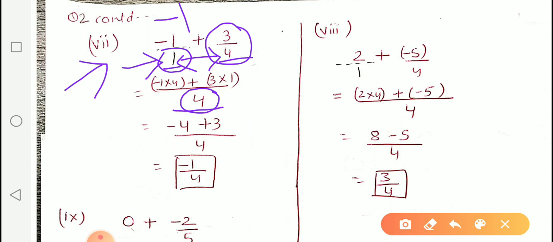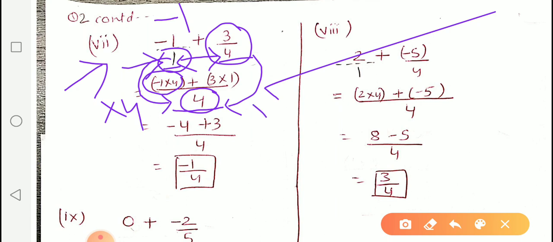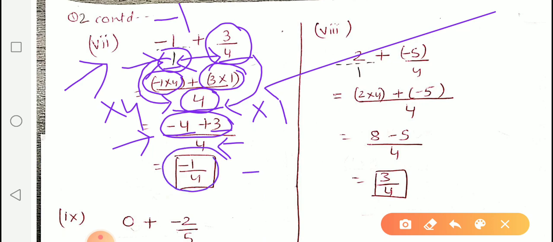Now we will see by which number we should multiply 1 to get 4, that is 4. So we will multiply its numerator by that number, that is 4, and here we will see by which number we should multiply 4 to get 4 as answer, that is 1. So we will multiply its numerator by 1. Now the next step is, after multiplication we will get -4 plus 3 as a numerator and denominator is same 4, and after solving the numerator we will get -1 by 4 as answer.